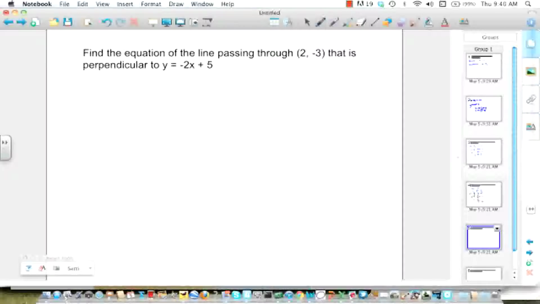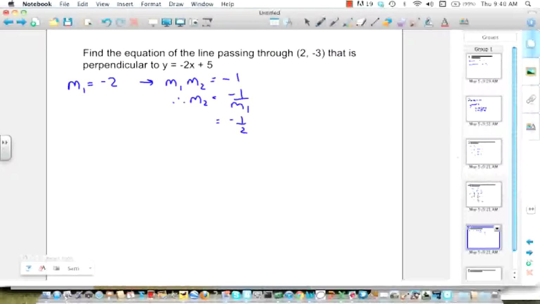So we know that m1 equals negative 2. So therefore, we know that for lines to be perpendicular, m1 times m2 is going to equal negative 1. Therefore, m2 is negative 1 on m1, or negative 1/2 in this case.